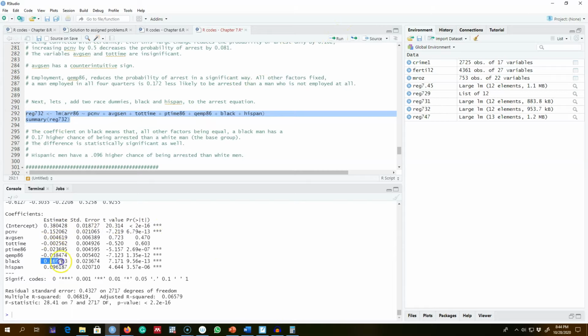The coefficient on black represents if a person is black, and white is our base category in this case. So this coefficient value shows that everything being constant, a black man has a 0.17 higher chance of being arrested than a white man. Similarly, if you are Hispanic, then the probability of being arrested is 0.096 higher as compared with a white man.